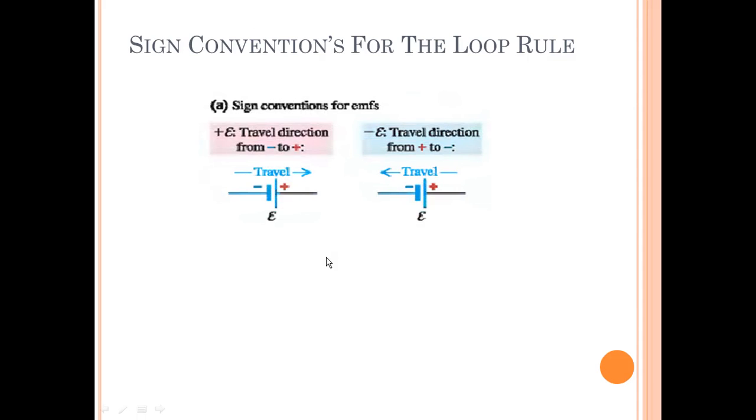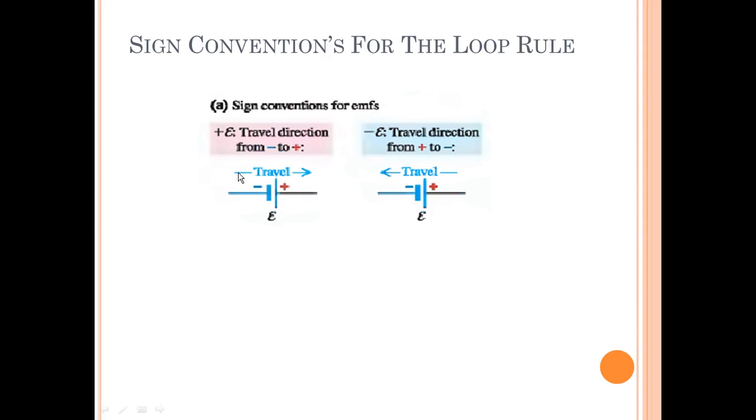So for example, if you go over the power sources and the direction of travel happens to be towards this direction, our assignment for the sign of the EMF for this power source is based on the leaving terminal of the power source.